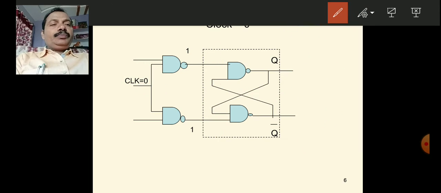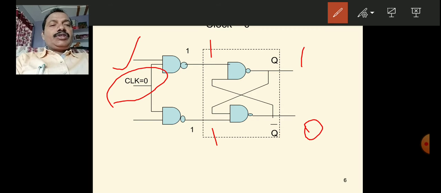Now let us assume 1 0. Now 1 1 are the NAND outputs because the clock is 0. Now we assumed Q Q bar as 1 0. That means what happens? This 1 is fed back here. This 0 is fed back here. So 1 0 means 1 only. 1 1 it is 0.